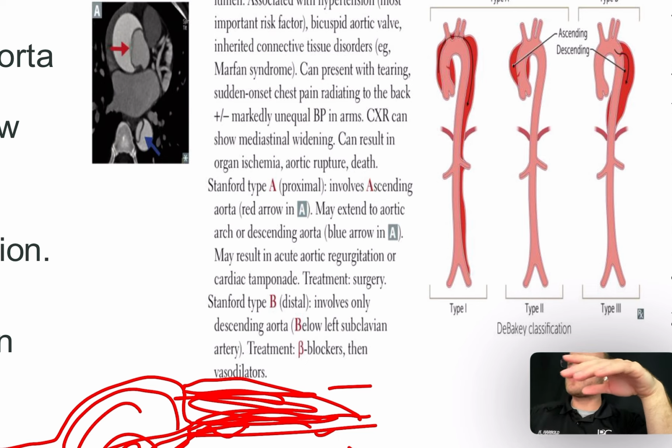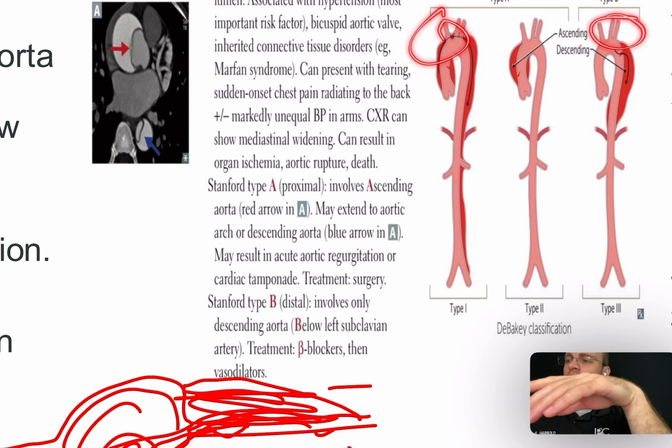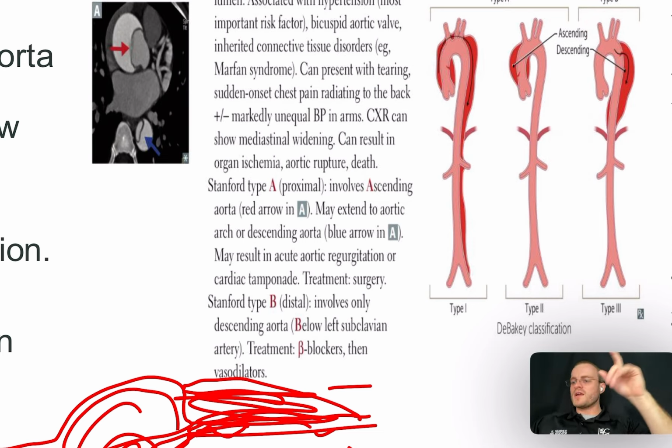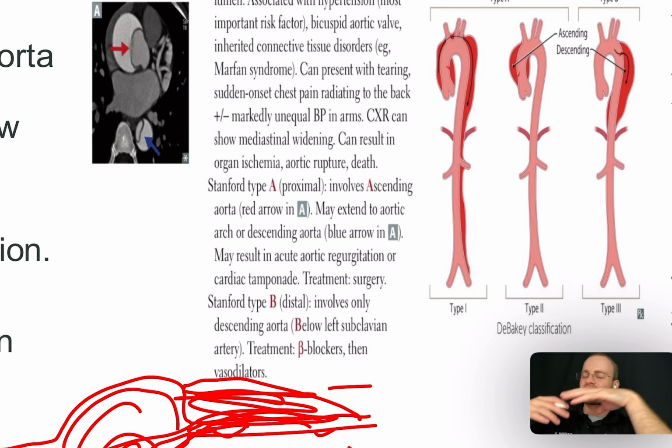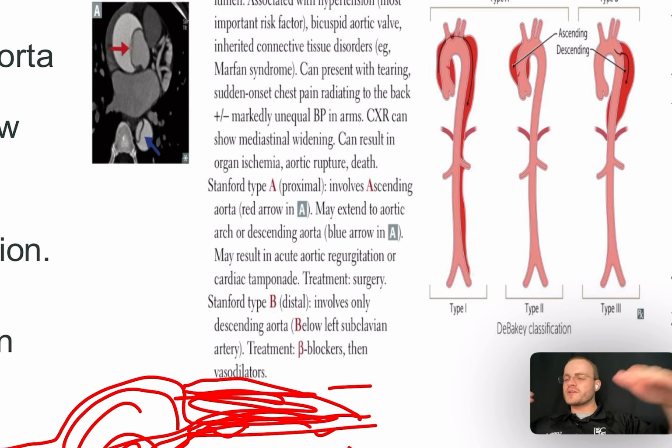Okay, there's vessels here and here, and there are different vessels that go to the left arm and the right arm. Well, if you tear, for example, right here, if you were to tear this one but this one's still intact, you'll have a difference in blood pressure greater than 10 millimeters of mercury between arms. So how this can present is I'll tell you the patient has a tearing sensation between the shoulder blades.